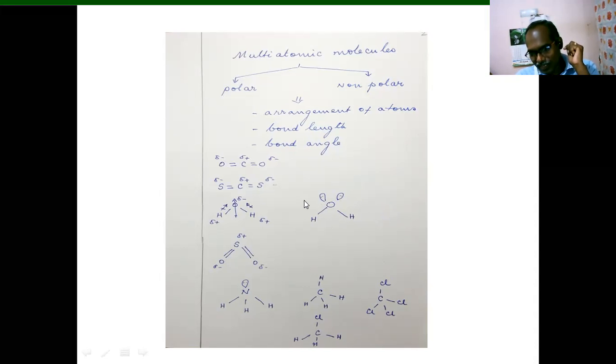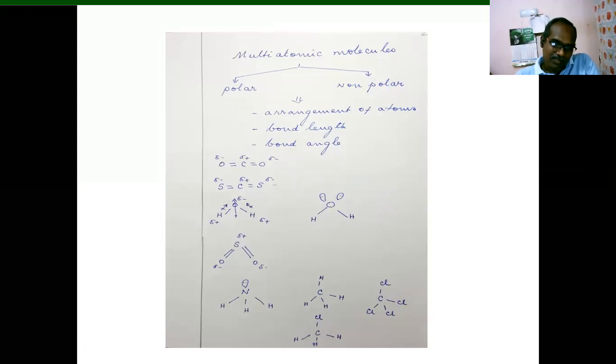If water were linear, the same explanation we discussed for carbon dioxide and carbon disulfide would apply to the water molecule also. So these two vectors would cancel each other out and water would not have a dipole moment. If water did not have a dipole moment, water would not exist in the liquid state. All these things would lead to more complications in the existence of the universe itself.